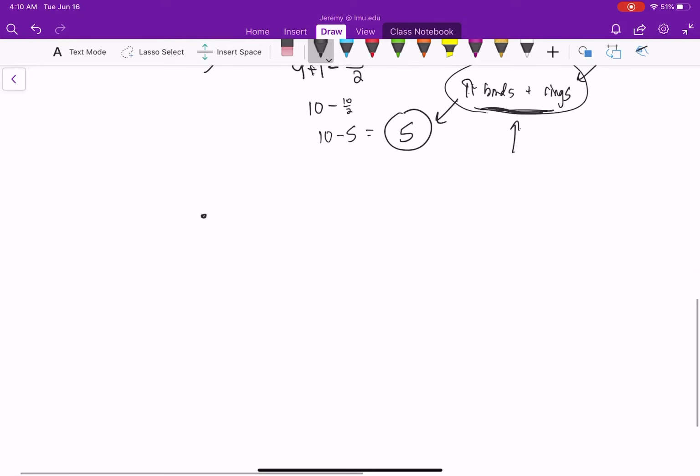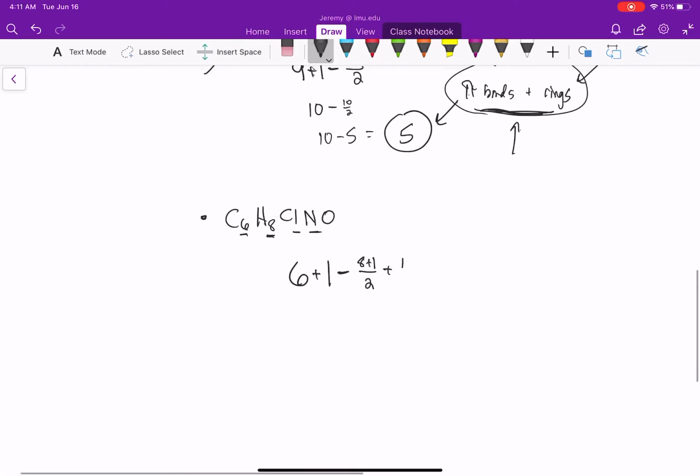Let's look at another example. Let's say I had something with the formula C6H8ClNO. Let's calculate how many pi bonds and rings we have. Number of carbons, 6, plus 1, minus the number of hydrogens plus halogens, 8 plus 1, divided by 2, plus the number of nitrogens, one of those, divided by 2.